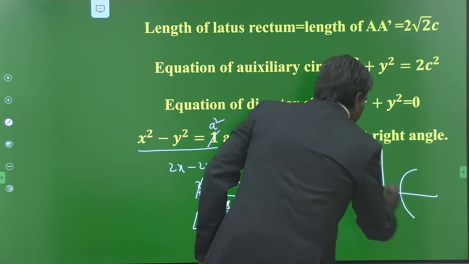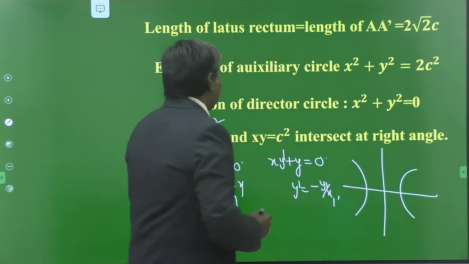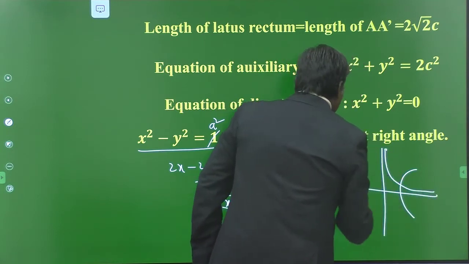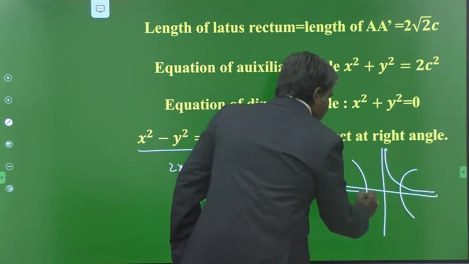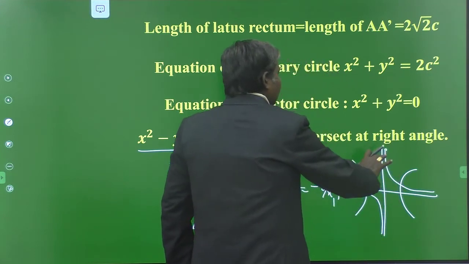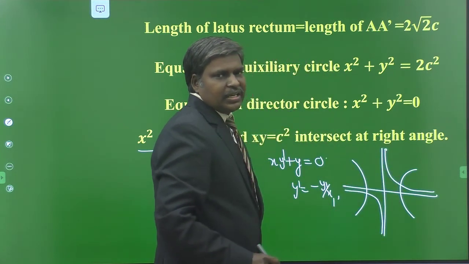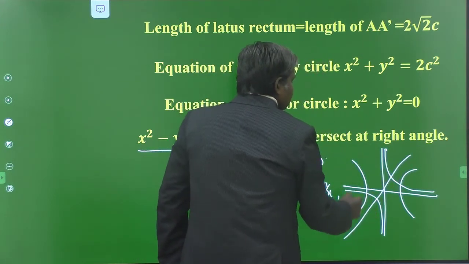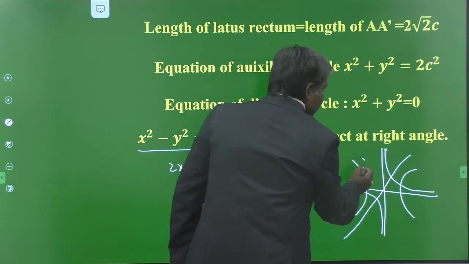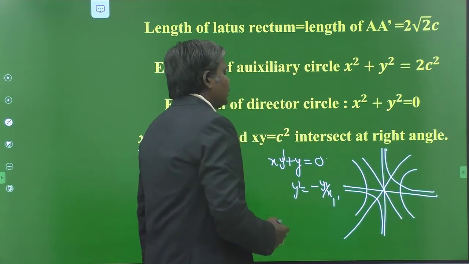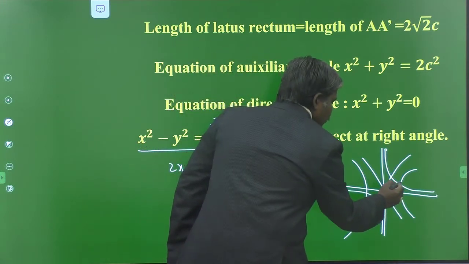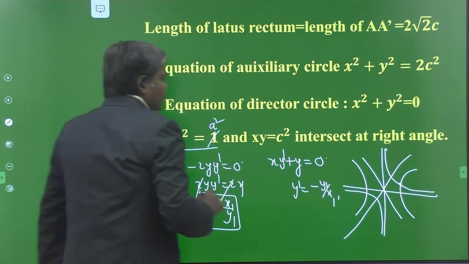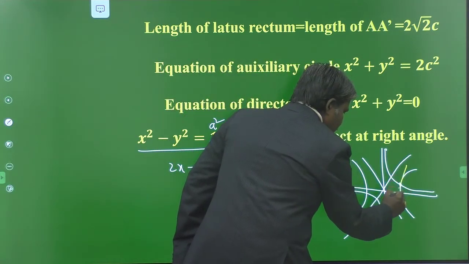One is the main hyperbola, x square minus y square equals either 1 or a square, and this is xy equals c square, obtained by interchanging the axis, or rotation of the axis by an angle of 45 degrees in the anti-clockwise direction. So these are the new axes of the new hyperbola xy equals c square. One is transverse and the other is conjugate, and these two curves intersect at this point. Now we draw the tangents at the points of intersection. These are the tangents.